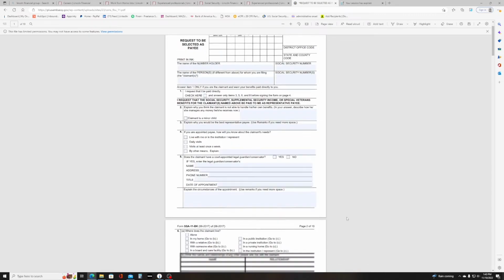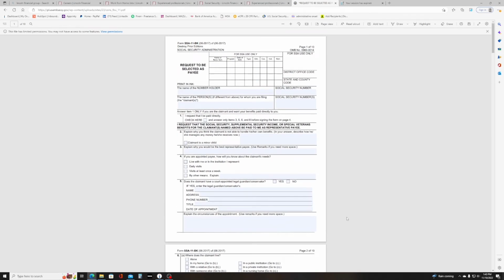If you're somebody that has a payee, let's say that you're a younger person and maybe you became disabled at a younger age. For example, my oldest brother became disabled when he was 19. He got into a really bad car accident, which is usually the case for any younger male.